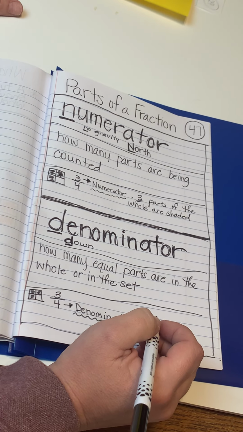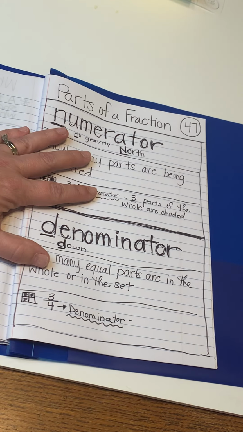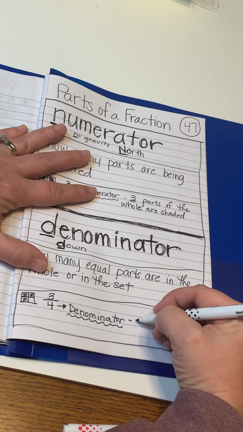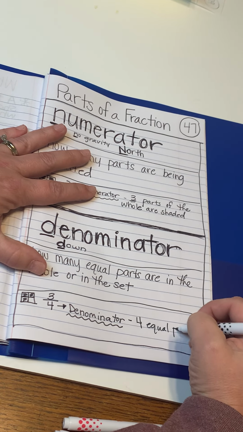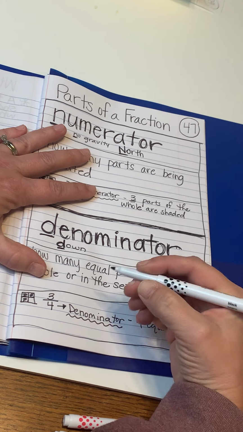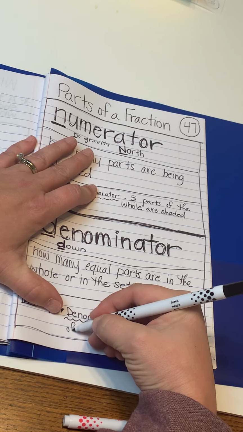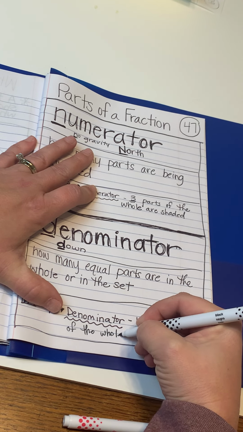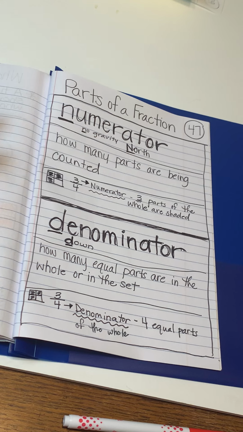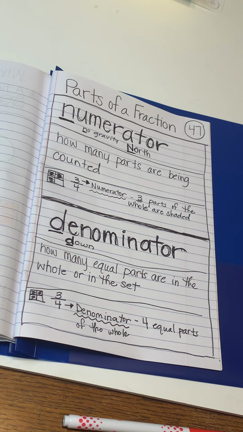Okay, and it's the denominator because there are 4 equal parts of the whole. Okay.